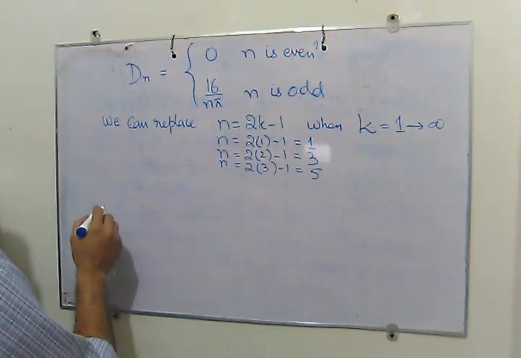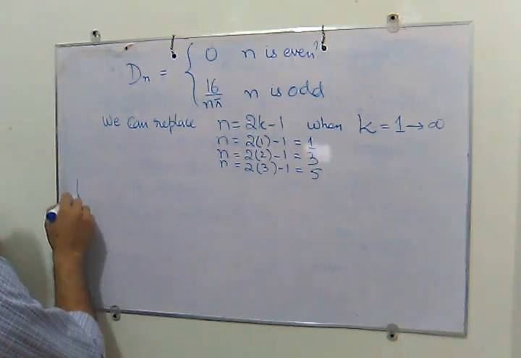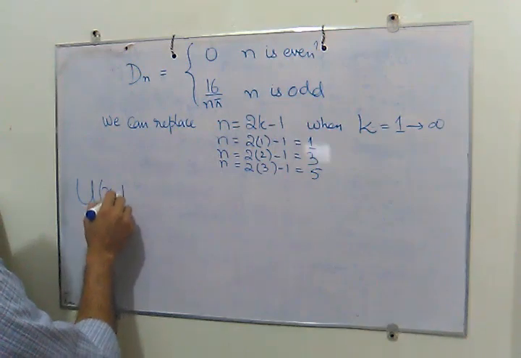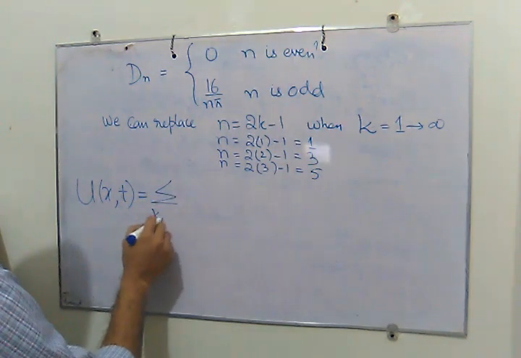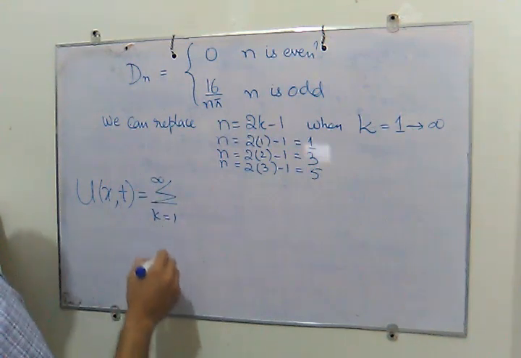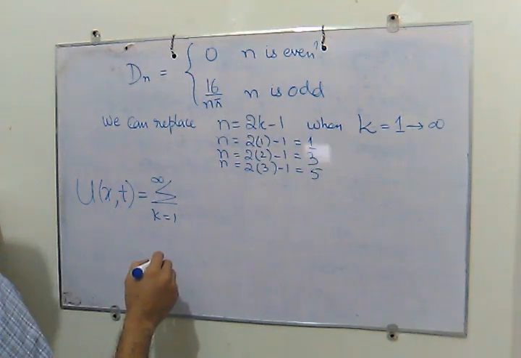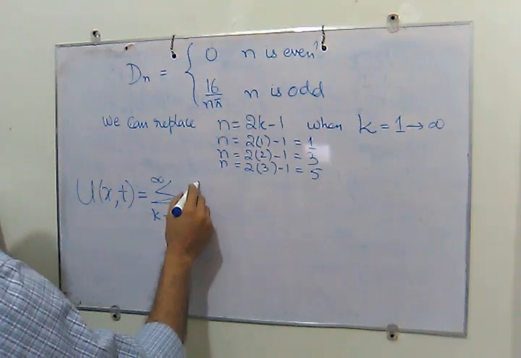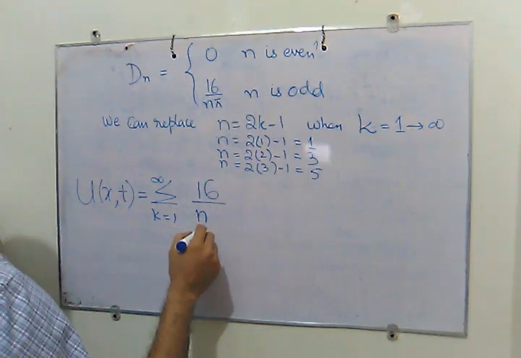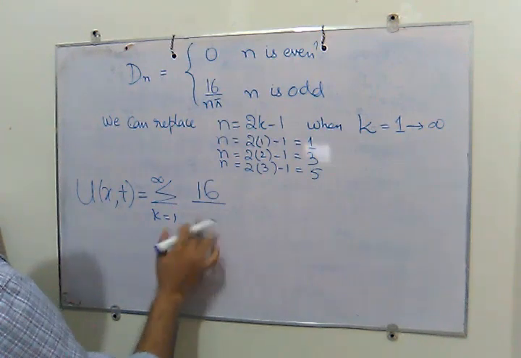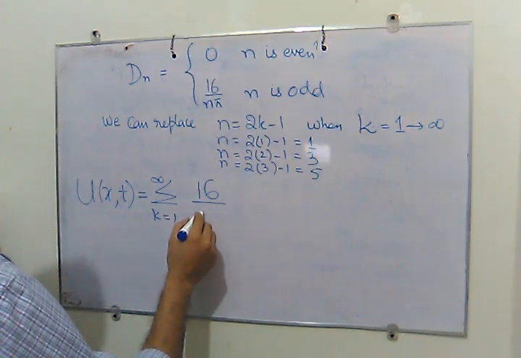So we can write our general solution in the form of a particular solution as summation k is equal to 1 to infinity 16 upon n pi.